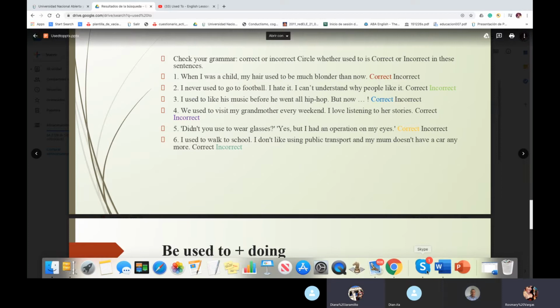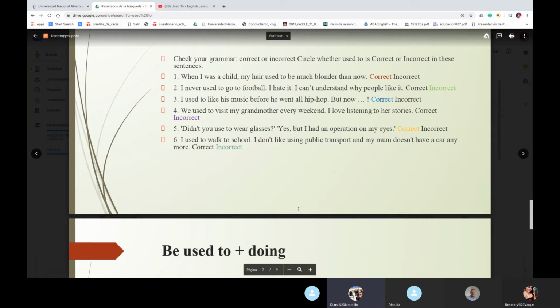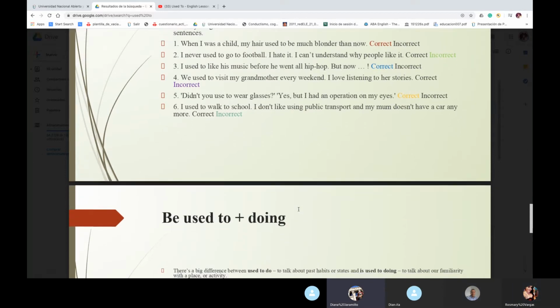I think it's incorrect because it should say like, I never get used to. Yep, it's incorrect. It seems that there's a "get" missing there.